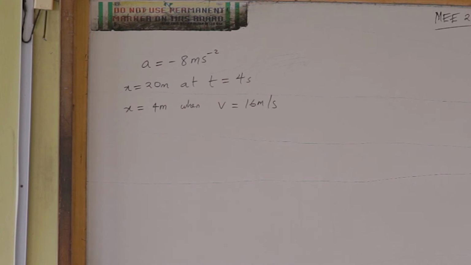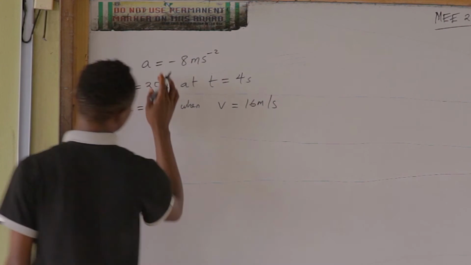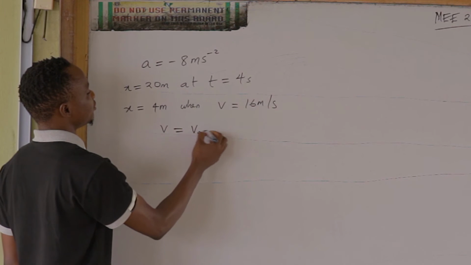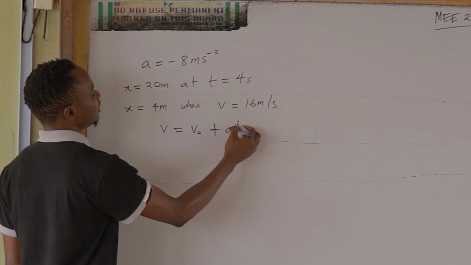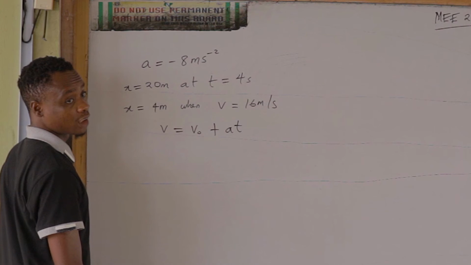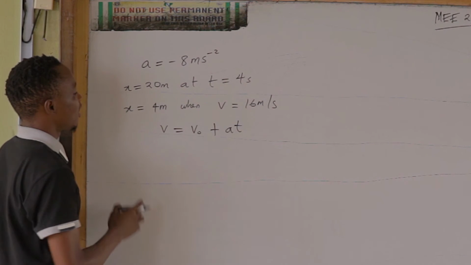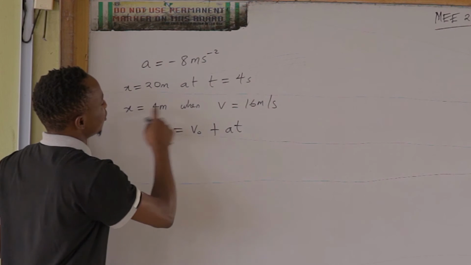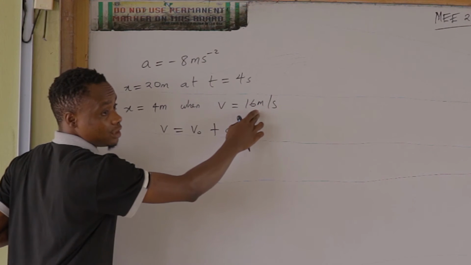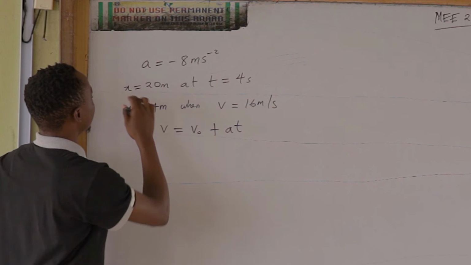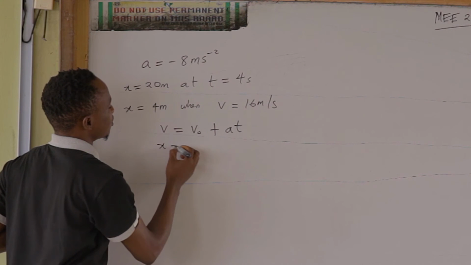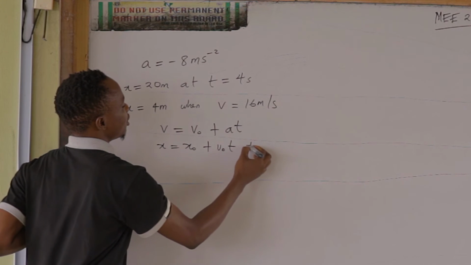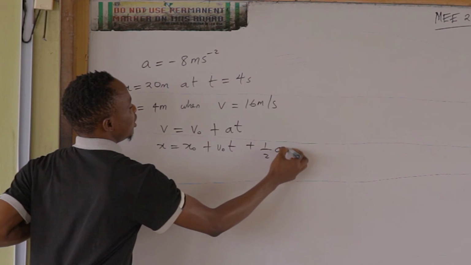Okay, so look at something now. Because the acceleration is constant, I know that V should equal V naught plus AT. Is that clear? Does that make sense? And I also know that X is equal to X naught plus V naught T plus 1 over 2 AT squared.